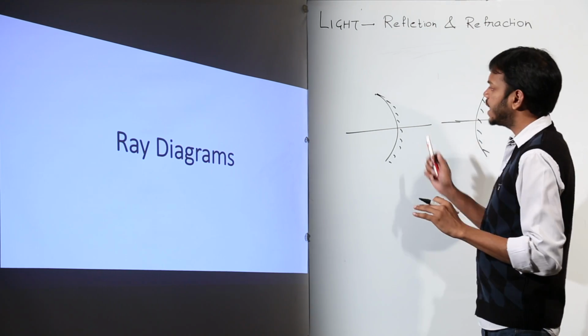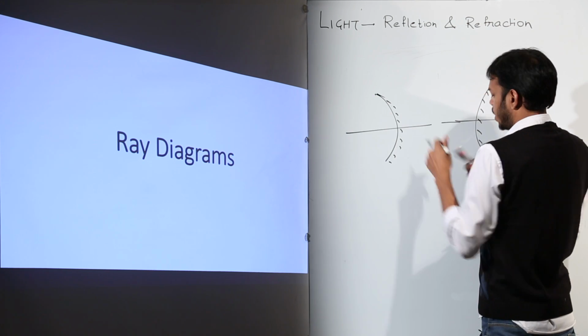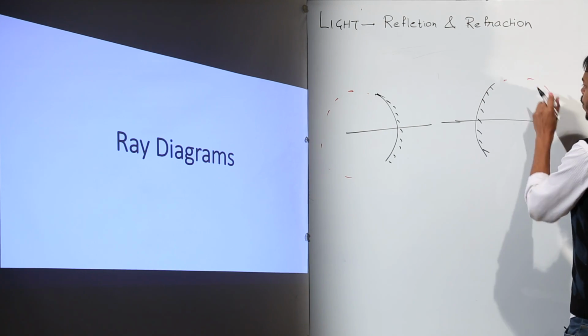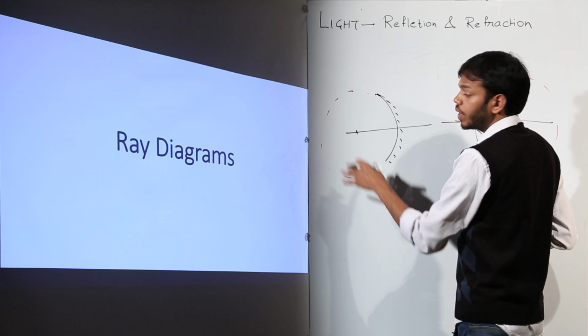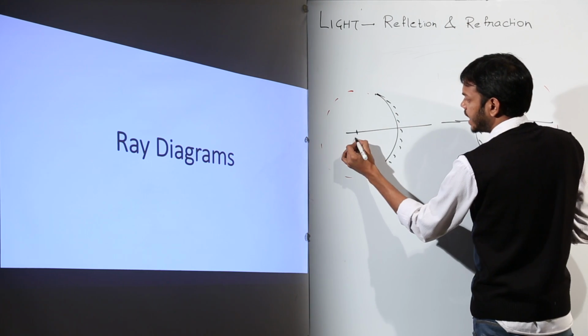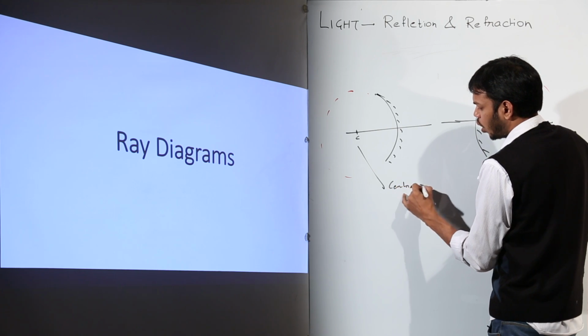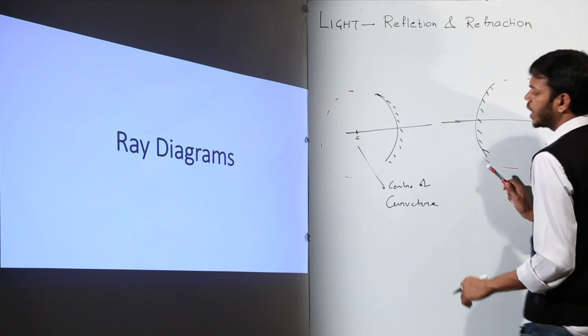First of all, this mirror is going to be, or it will definitely be, a part of a big sphere, right? So that means there would definitely be some radius or the center of the sphere. That center C would be called the center of curvature. This is the first important point.